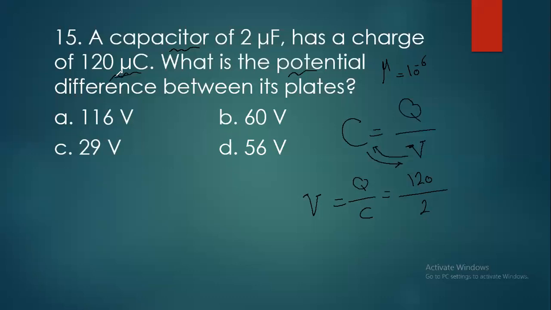If both units are using the same prefix, there is no need to convert them. You can keep them as they are without doing any conversions, because at the end, the prefixes will cancel out. Like here, 10 to the power of -6 over 10 to the power of -6, they cancel out. So the answer at the end will be 60 volts.